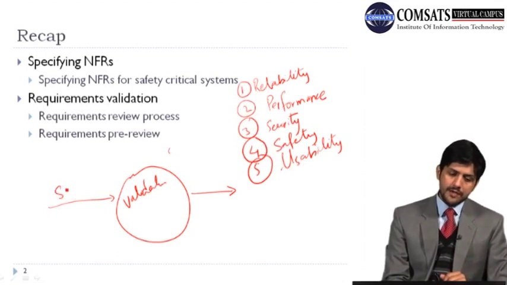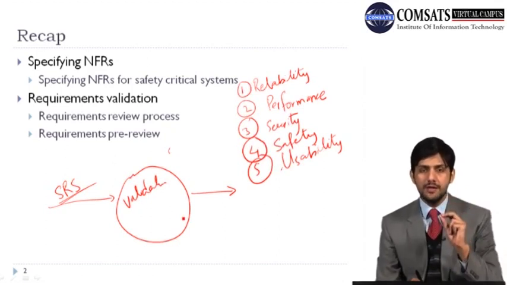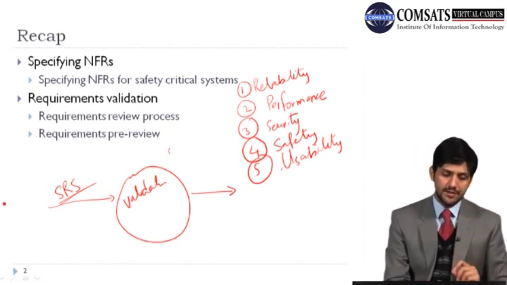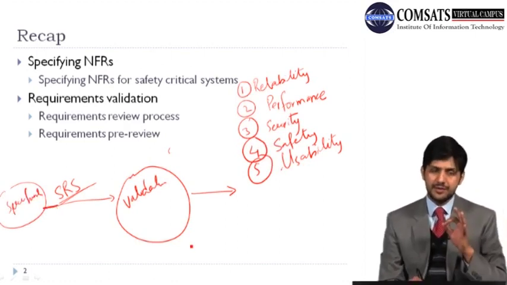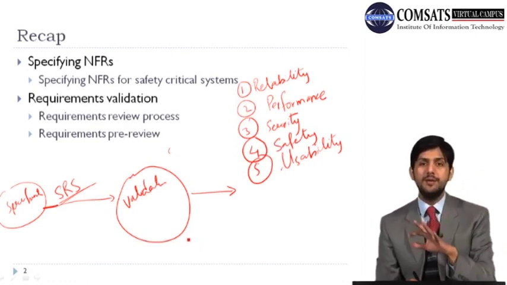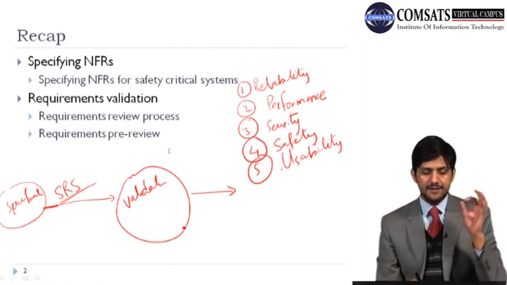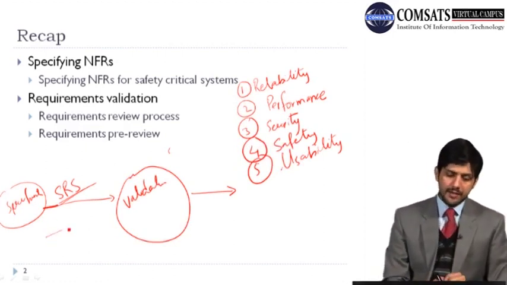One of the very key inputs to this requirements validation process is the software requirement specification document that you have produced after specification. Let's say this was my specification process. One of the key outputs of the specification process, or the key output of the overall requirement engineering process, is the SRS. So this SRS is the input to this validation process, but there are two other inputs.